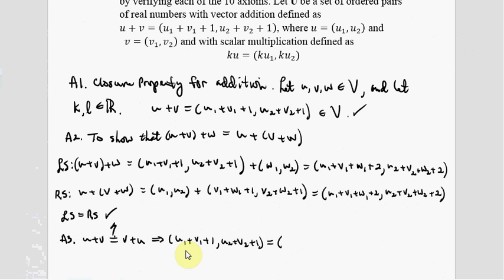And those numbers satisfy the regular set of real number operations, just like adding 5 plus 2. So 5 plus 2 is the same thing as 2 plus 5. You can switch them, and that's okay. So here, we can say this is the same thing as V sub 1 plus U sub 1 plus 1, comma, V sub 2 plus U sub 2 plus 1. Well, this is the same thing as V plus U. So U plus V is the same thing as V plus U, and that's fine.